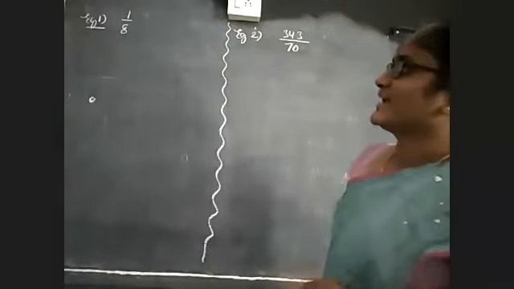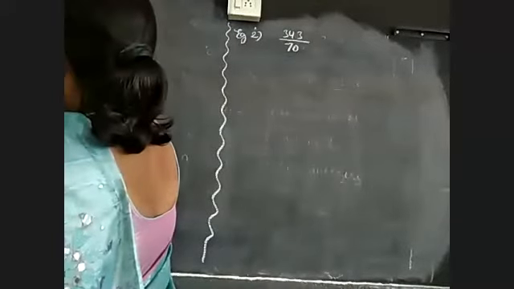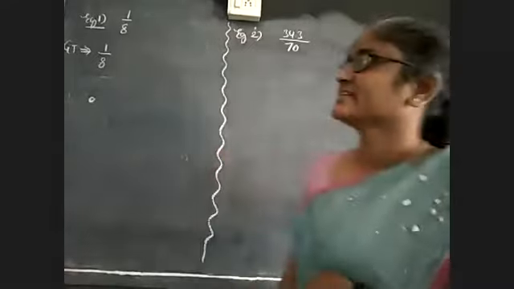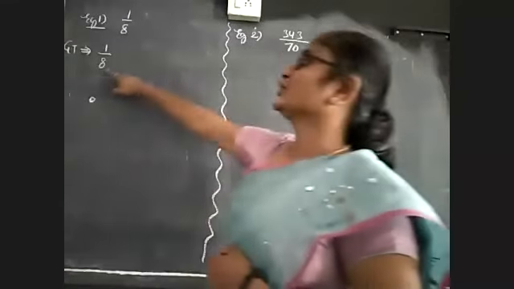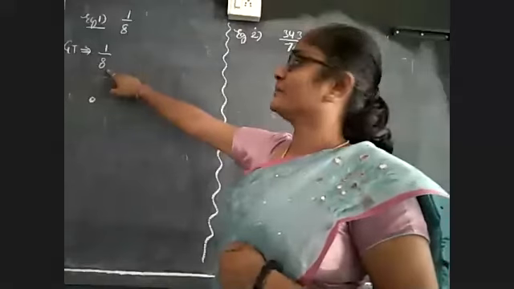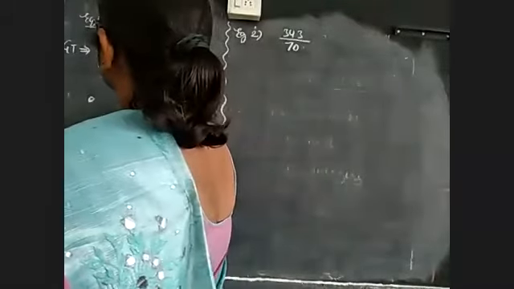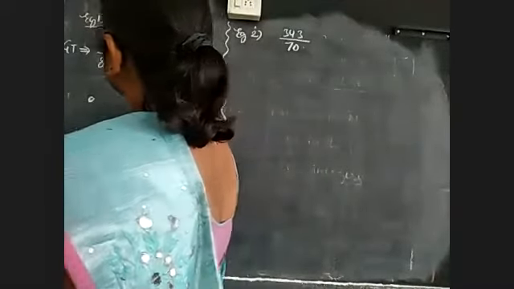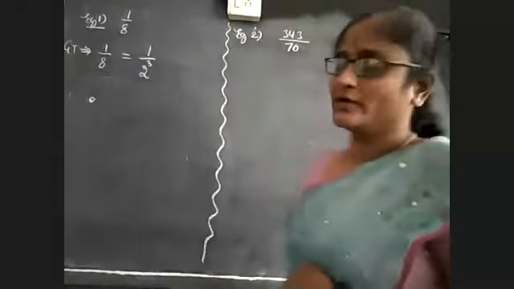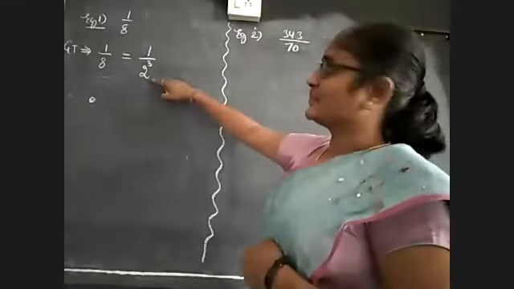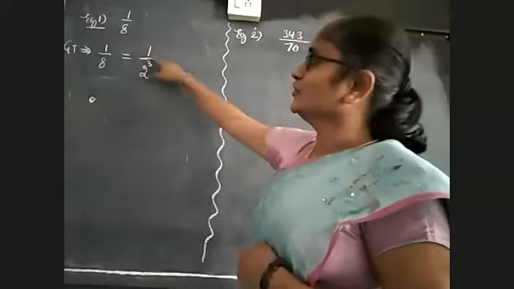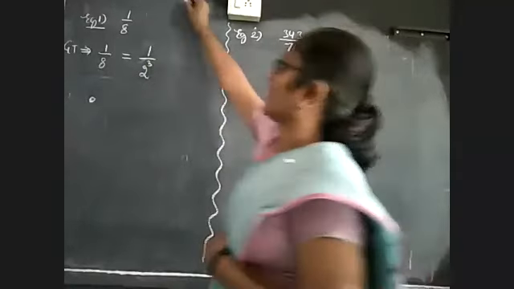So now, 1 by 8. Let us take the given number 1 by 8. In both theorems, the common point is the condition on Q only, in the P by Q form: the prime factorization of Q. What is Q here? 8. The prime factorization of 8 is 2 cube, so it is purely in 2 power n form.